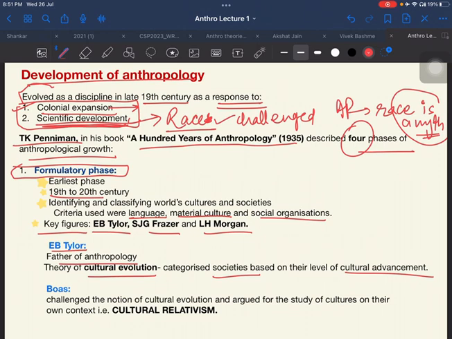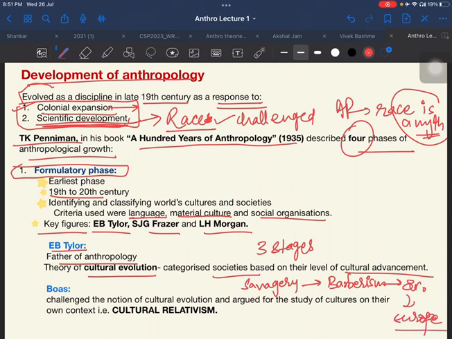What he said was there are three stages. What are those stages? Savagery, then barbarism, and then civilization. He said that Europe was in the phase of civilization and other societies, some were at savagery level, some were at barbarism level.